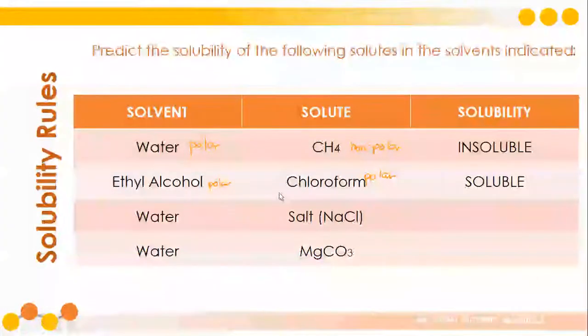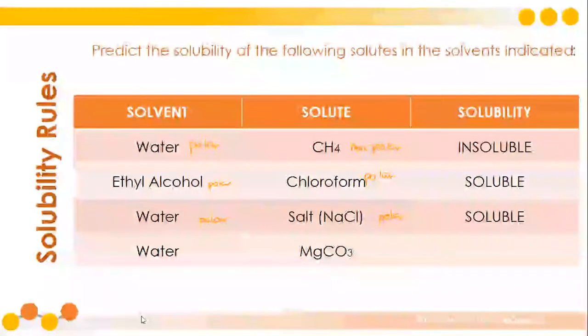Next, we have here water and salt or NaCl. Water, again, is polar. NaCl or sodium chloride is also polar, which means that the solubility for water and salt will be soluble.